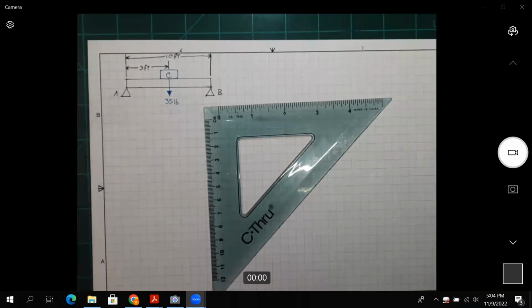Another important point we've discussed is pins and rollers. A pin has two reaction forces, one going in the X direction and another going in the Y direction.